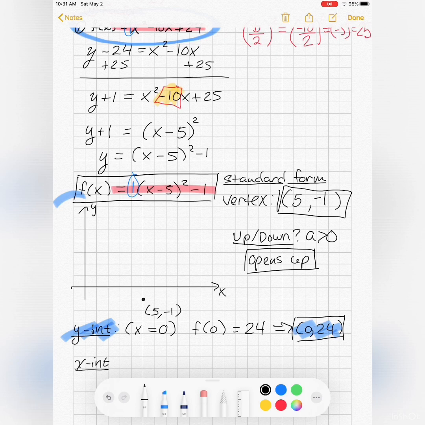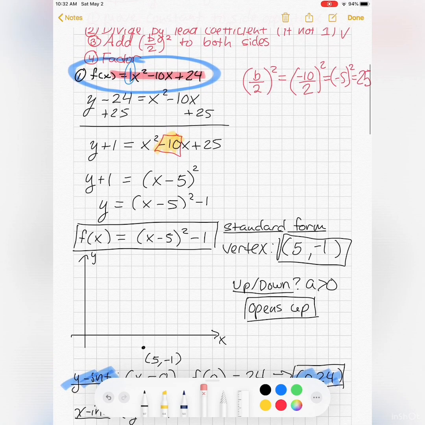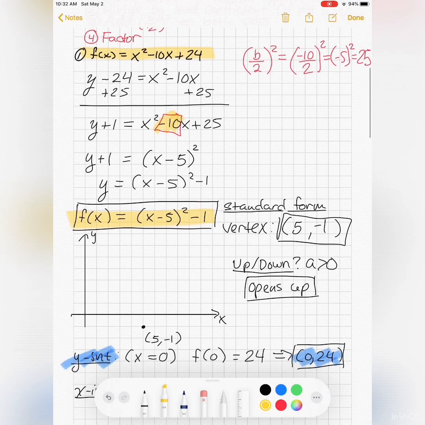Maybe the x-intercepts would be more useful. For those, I'm looking at where the graph crosses the x-axis. So in other words, I'm setting y equal to 0. Again, I can use either equation, the original equation or the standard form.